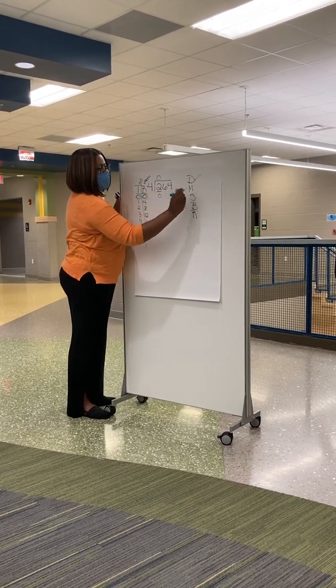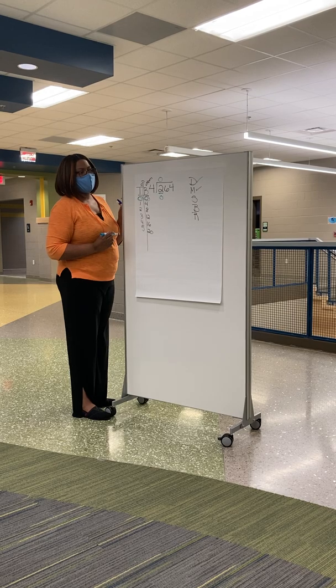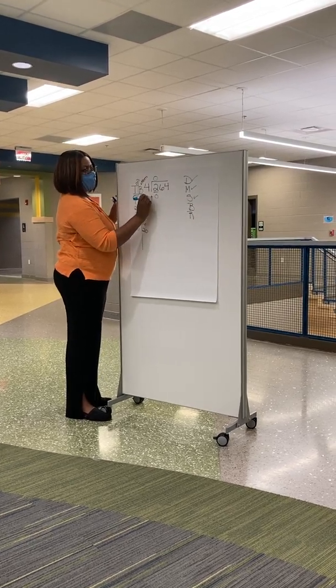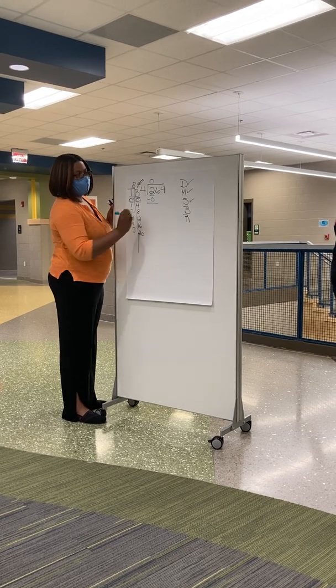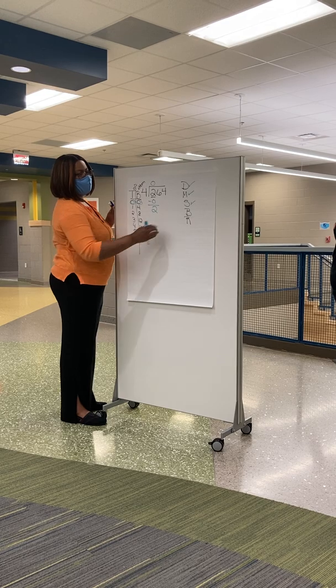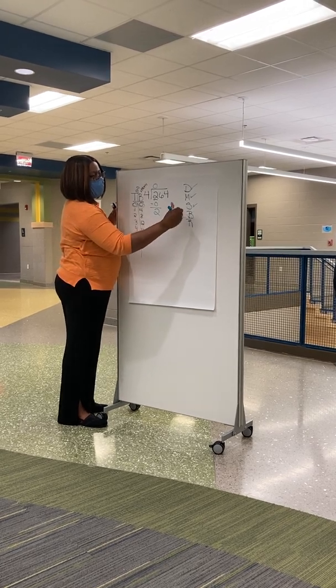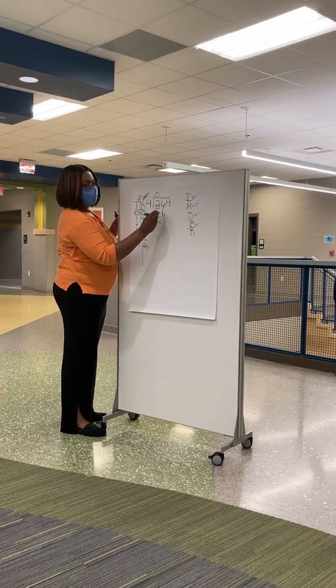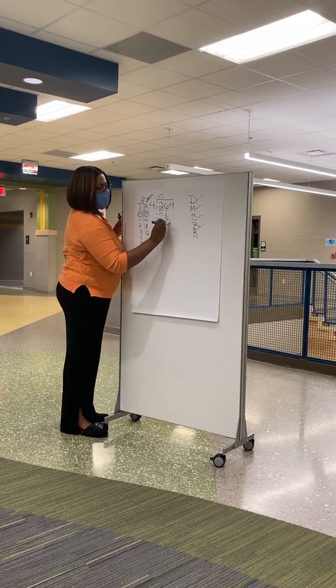That's my division step and my multiplication step. Now my next step is to subtract. 2 minus 0 is 2. Next step is to bring down the next digit in your dividend, which is 6.